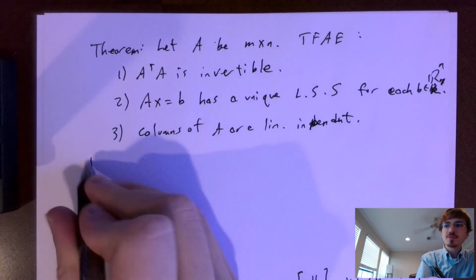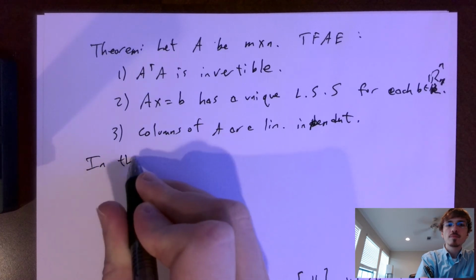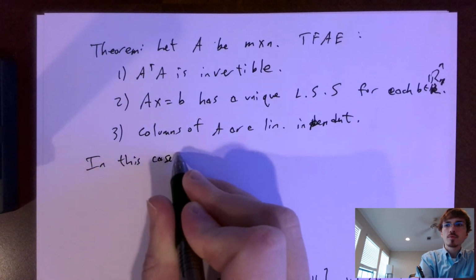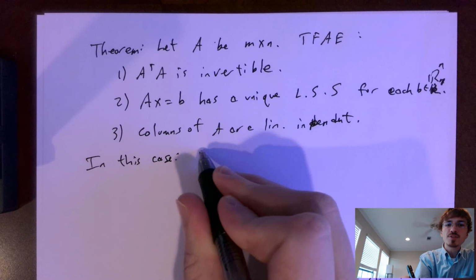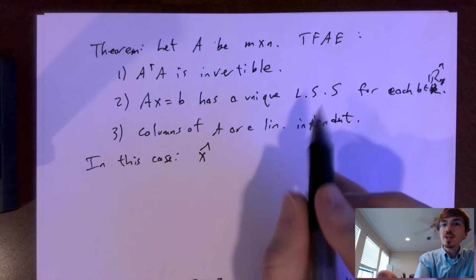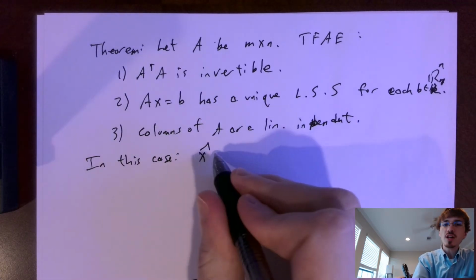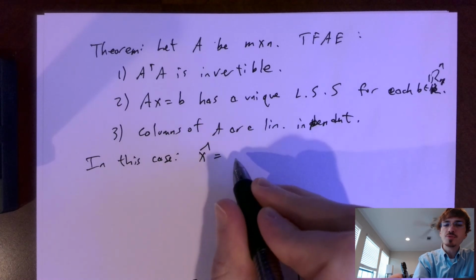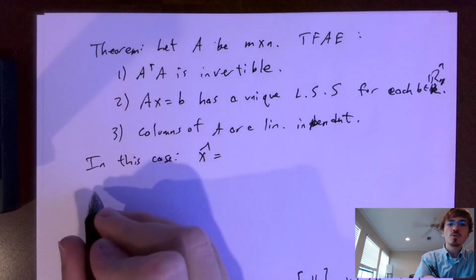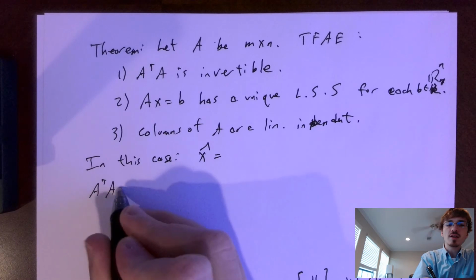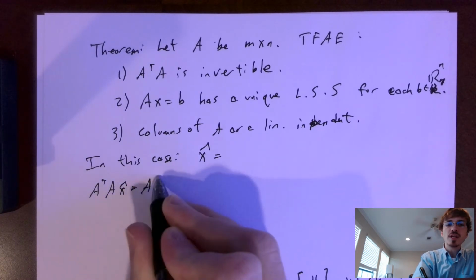So in this case, what do we have? We have that our least square solution x hat, which is unique if we have linearly independent columns, must be equal to, well, where does it come from? We know that A transpose A times x hat equals A transpose times B.